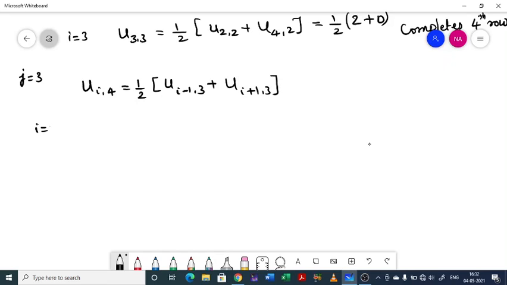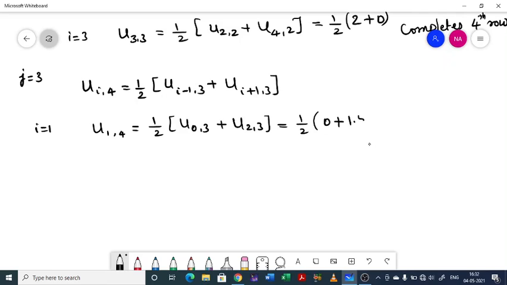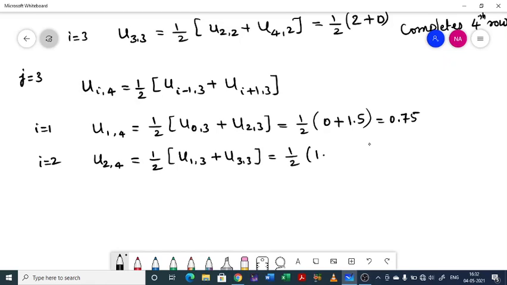So with i equal to 1, we will be getting u(1,4). u(1,4) will be 1/2 times (u(0,3) plus u(2,3)). That will be 1/2 times (0 plus 1.5). That will be 0.75. Next, i equal to 2. u(2,4) is 1/2 times (u(1,3) plus u(3,3)). That is 1/2 times (1 plus 1).